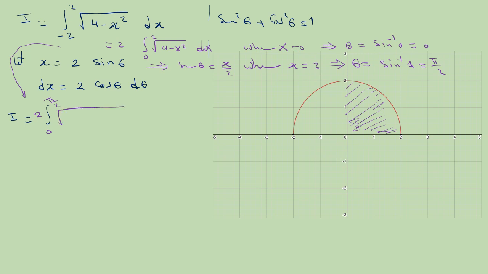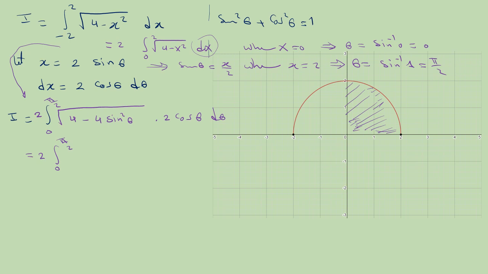Let's substitute. x is equal to 2 sine theta, so x squared equals 4 sine squared theta. dx is equal to 2 cosine theta d theta. Then 2 times the integration from 0 to pi over 2.